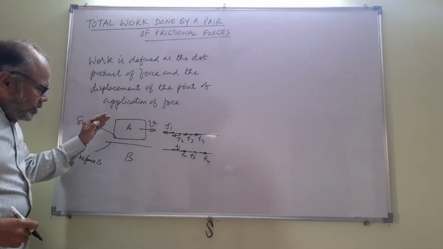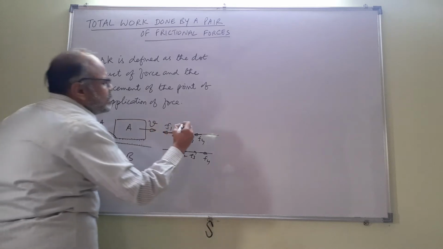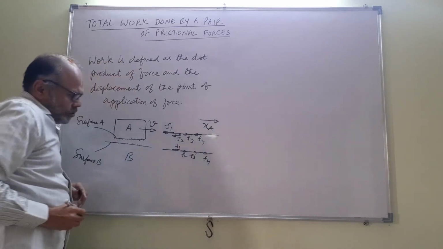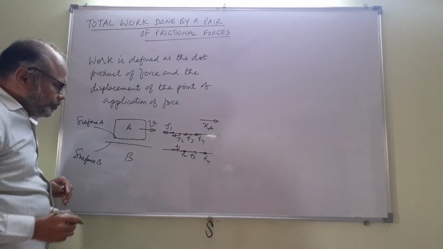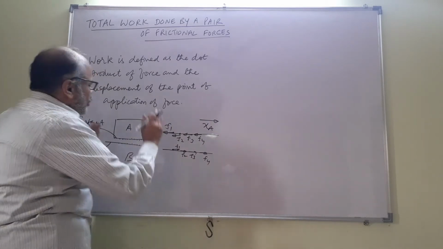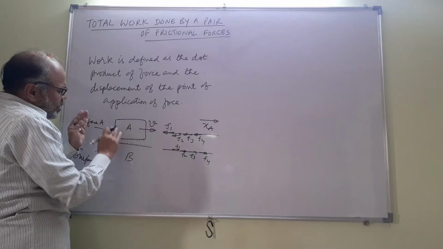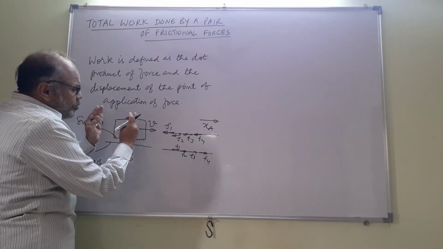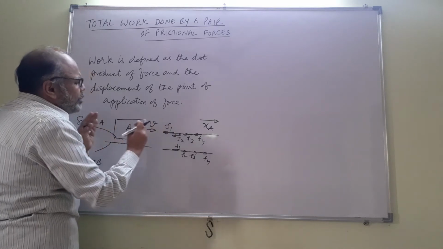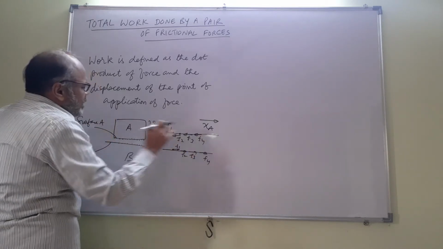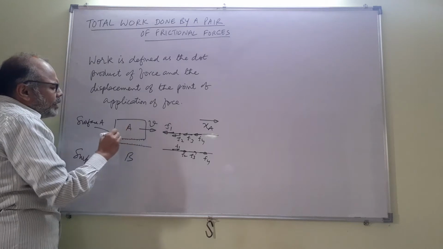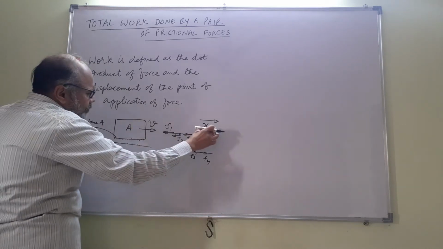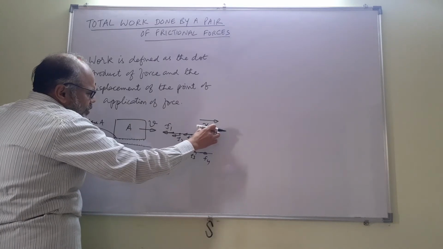Now this surface, let us say, has a displacement XA to the right. Now we are assuming that this body is a rigid body. So if this body has a displacement XA, every part on the body will have the same displacement XA.